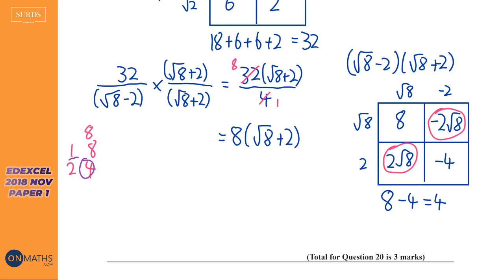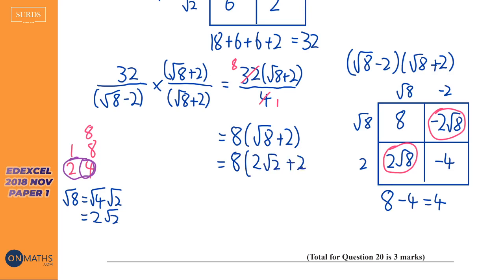Okay, so we can write that as, so root 8, we can write as always square number first, root 4, root 2, and root 4 is 2. So let's keep going with this. 8 bracket 2 root 2 plus 2.